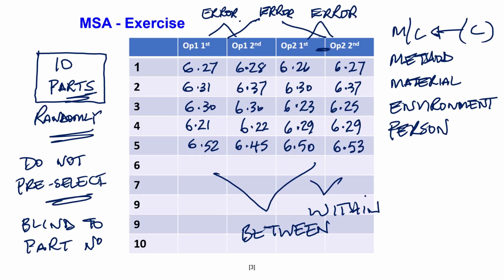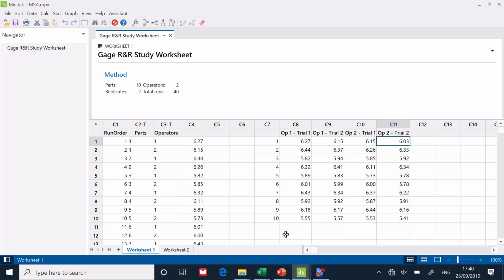So we've got our data collected, and now of course what we want to do is to go to the software and put it in a software table. So let's go and have a look how Minitab does this. So here is a Minitab worksheet, and you can see here is my data in the table form that I collected it.